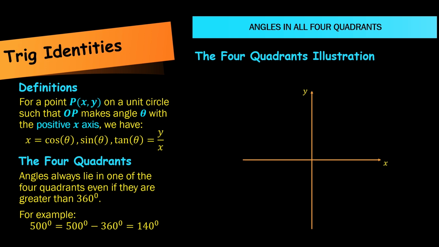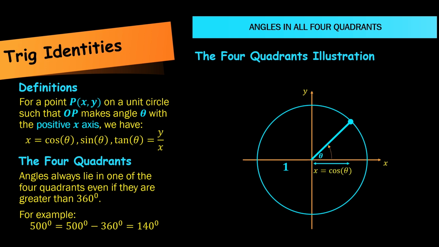Here are the x and y axes. And here's a point on the unit circle. And theta is the angle corresponding to this point on the unit circle. X is equal to cos theta, as we've defined it, and y equals sine theta, as we've defined that also.